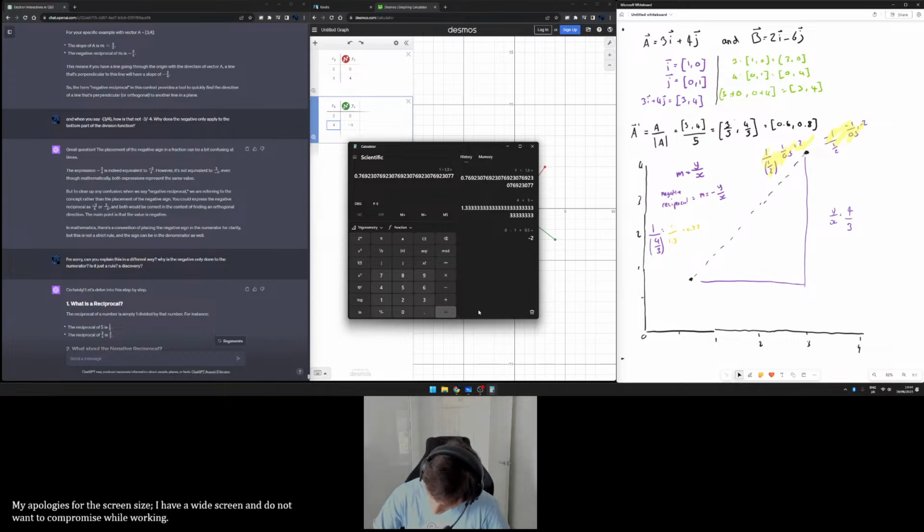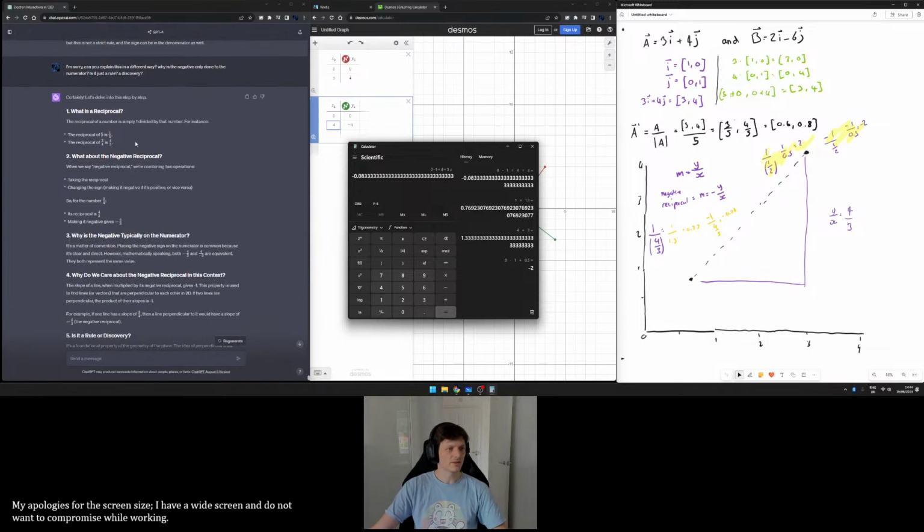And then now if I do negative 1 divided by 4 divided by 3, I'll get negative 0.08. So something's wrong with my thing there.